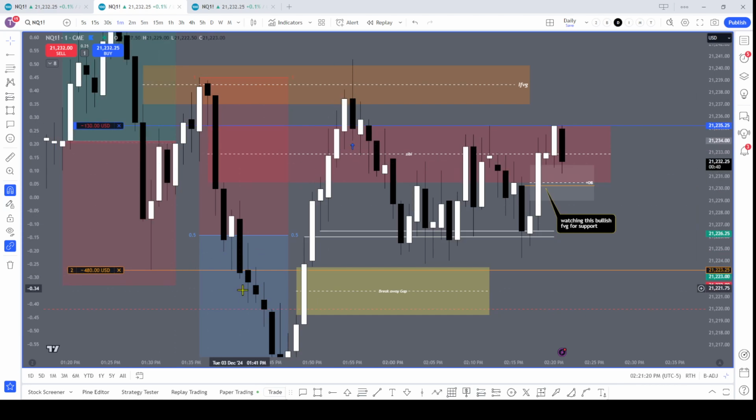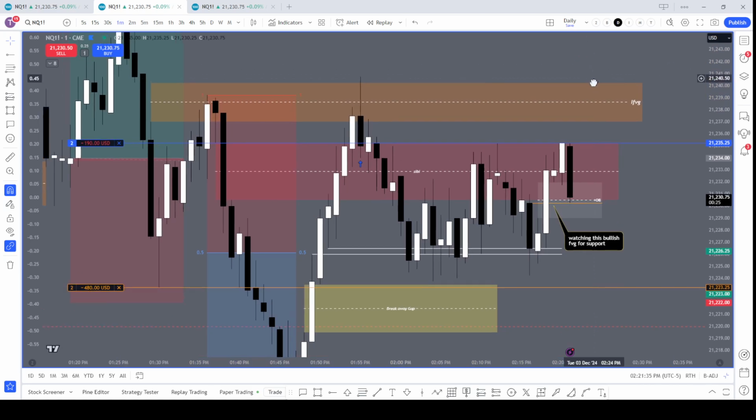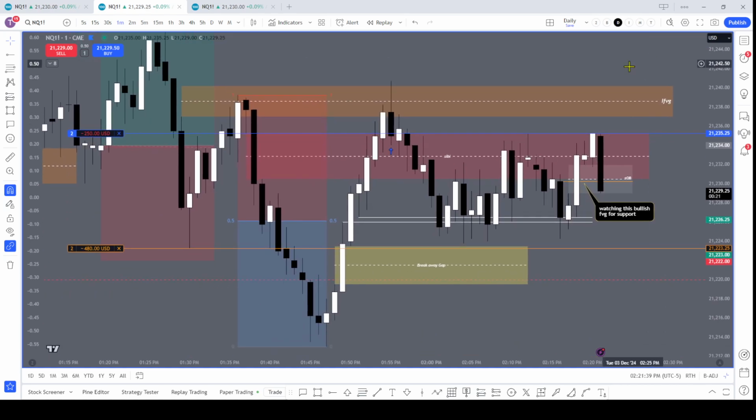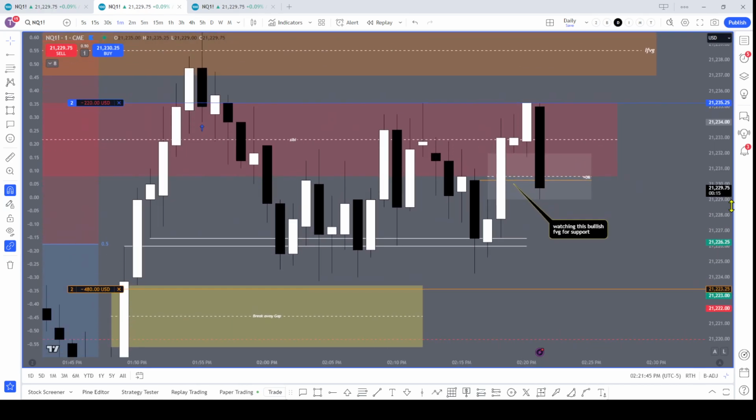So if I was a little bit higher, the stop would be higher and I would get stopped out here. But at this point, I would want to see it close above this gap to really feel confident because there's so much back and forth, back and forth.